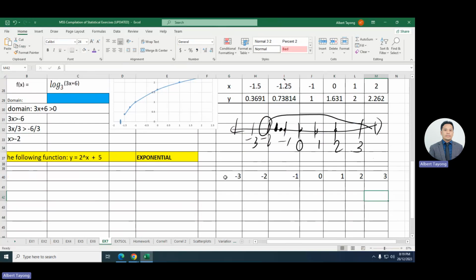For any exponential function, 0, negative 1, negative 2, negative 3, until infinity, and 1, 2, 3, until infinity always, because the domain is all numbers for any exponential function. But this is enough.